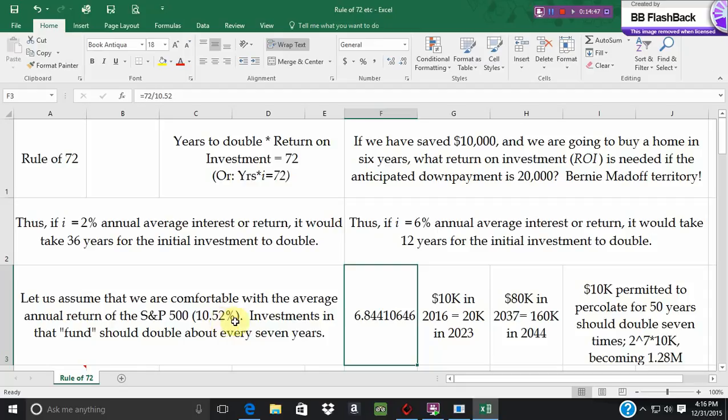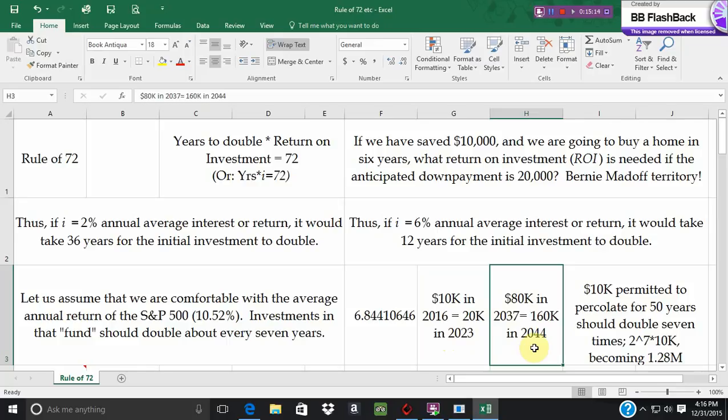But be that as it may, moving on, let's say we've got $10,000 right now, year 2016. If we invested in the S&P 500, we might anticipate we'd have 20,000 by year 23. Let's jump ahead a little bit. 14 years later, that 10,000 might now be 80K.